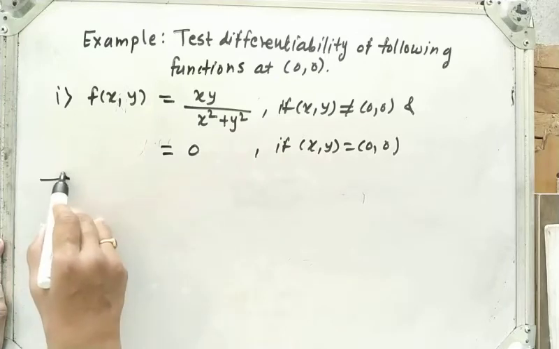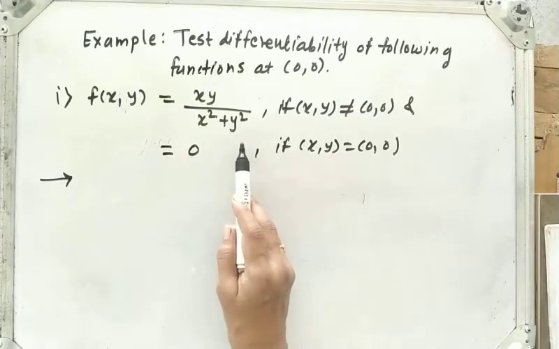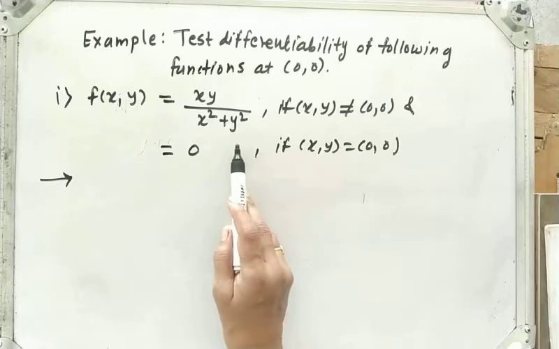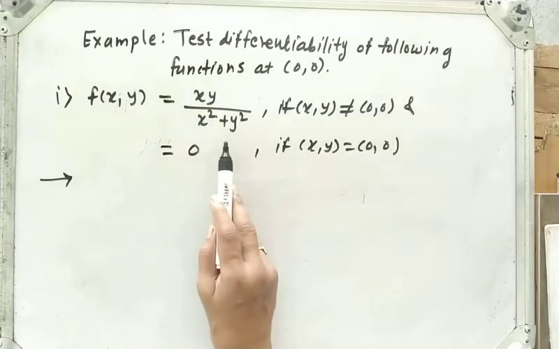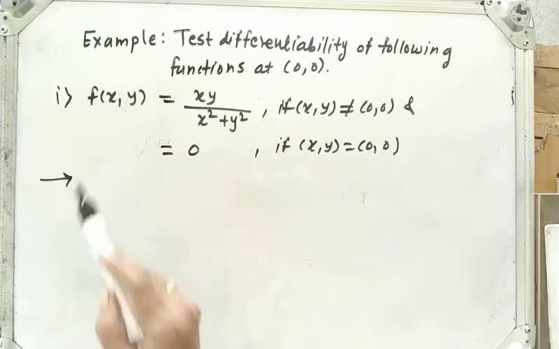Now we have to check whether this function is differentiable or not. We have solved this example while checking continuity of this example. You can watch it in last videos. In that we have seen that this function is not continuous because limit of f(x, y) as (x, y) tends to (0, 0) does not exist.